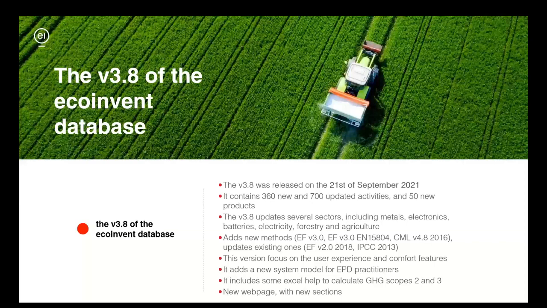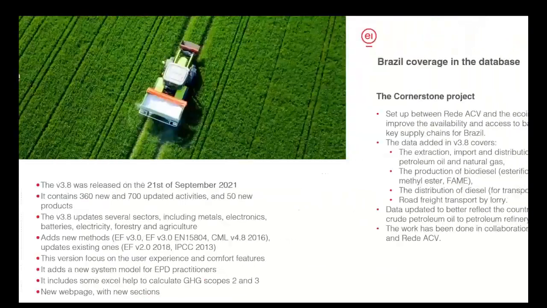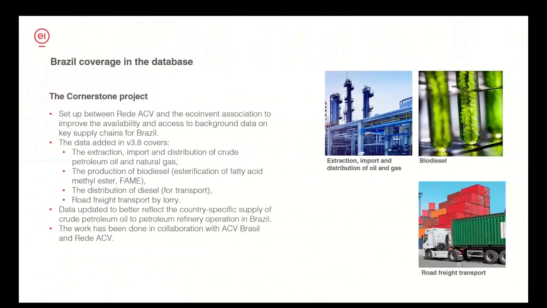And let's start diving a bit into the content that has been added to the database with this version 3.8. I would like to start with the improvements that were made to the regional coverage, to the coverage of the Brazilian region. And that has been done in the framework of a common project.